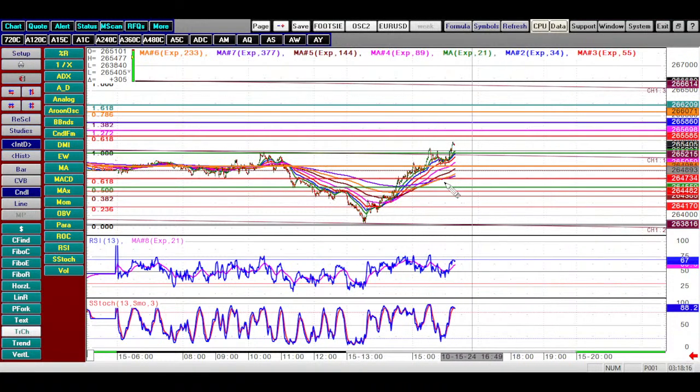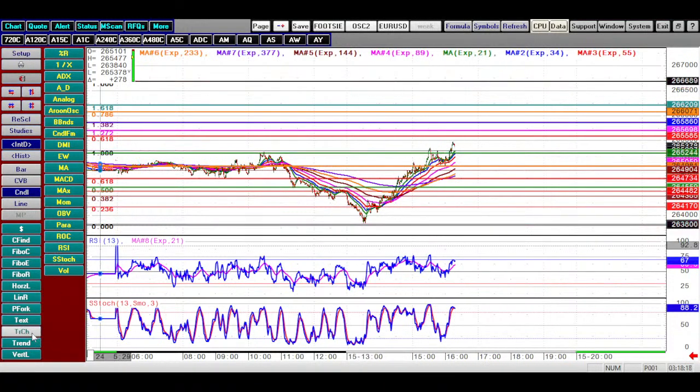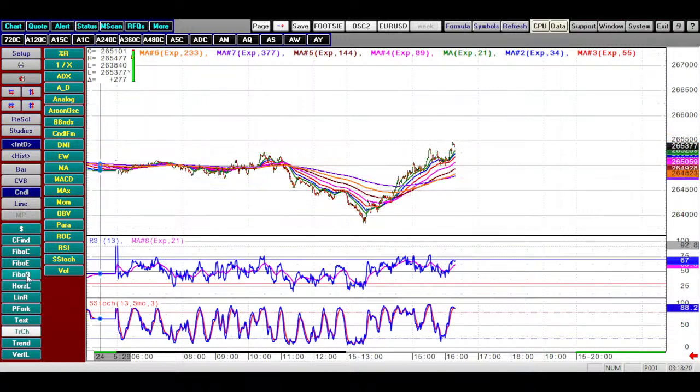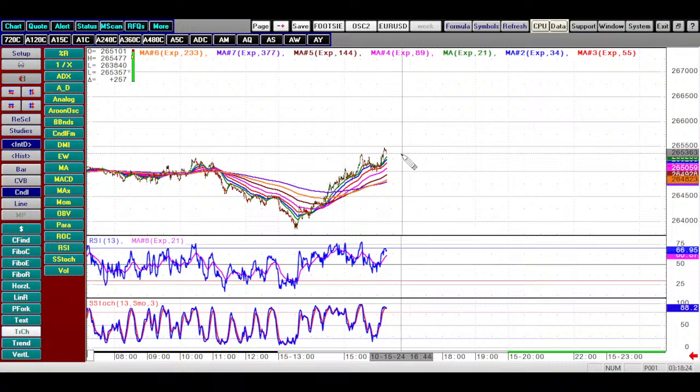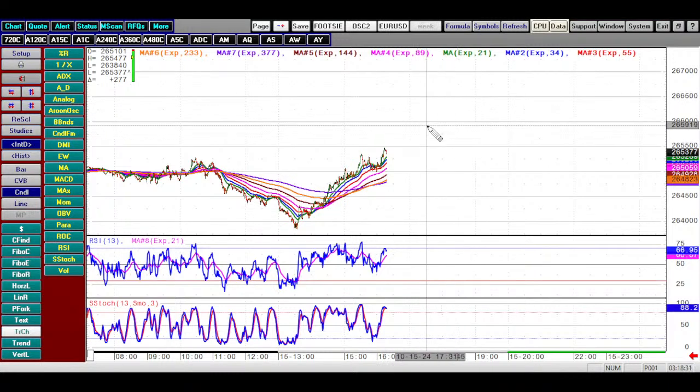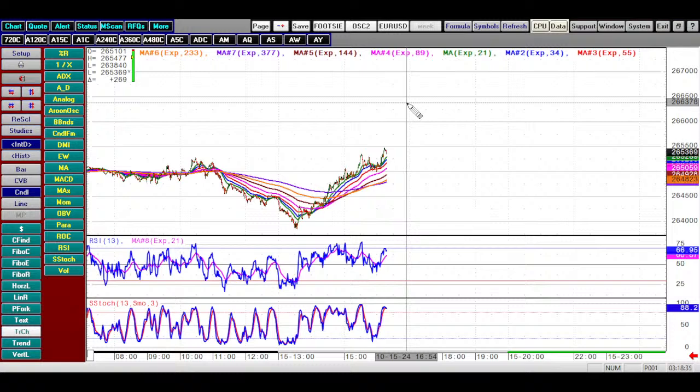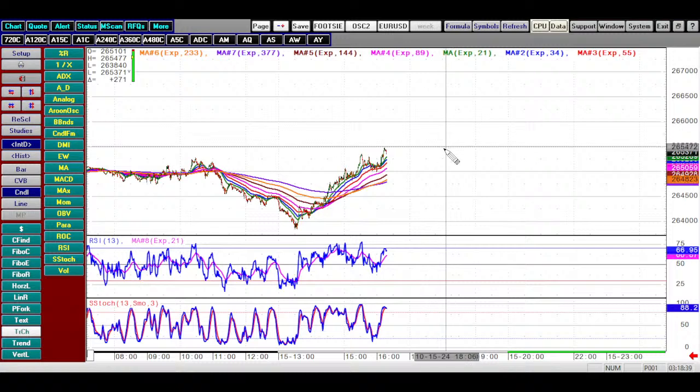As of now, you can ask, since the target is 2661, can we go for a buy, then try to exit before 2661, and when 2661 comes, make a sell again?